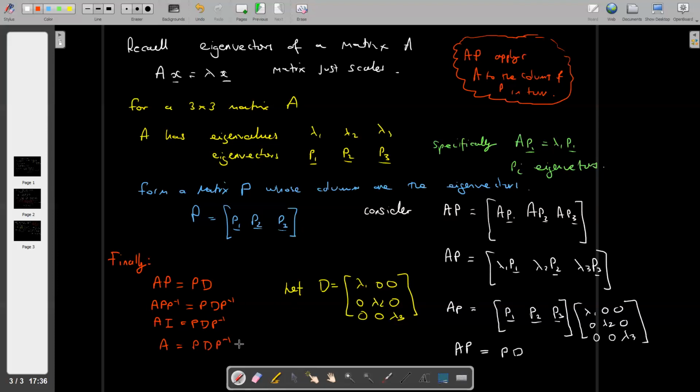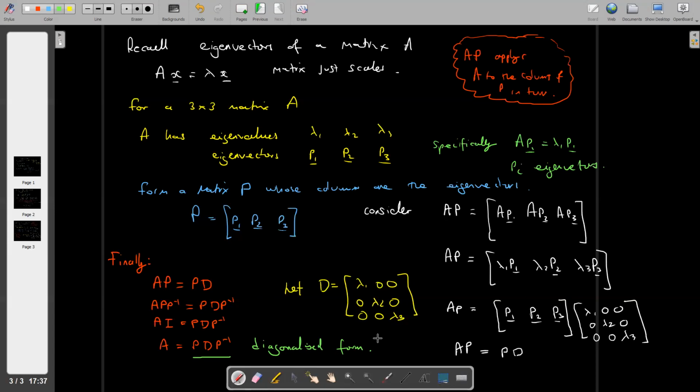So with this, PD P inverse, we have diagonalized the matrix. Now, obviously, or maybe not obviously, P and P inverse are not diagonal matrices, but D is. So that's what we mean by diagonalizing the matrix. This here is the diagonalized form. Okay, so we've found the diagonalized form of the matrix.